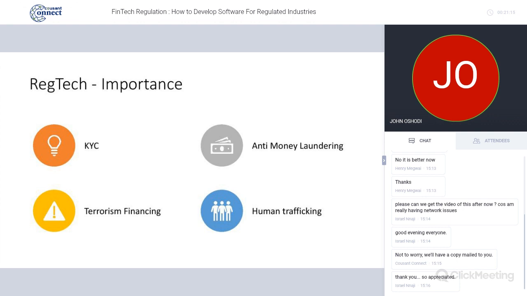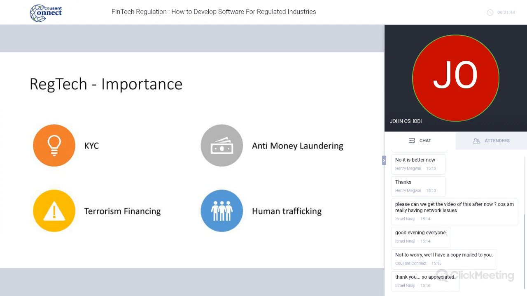Well, in any economy where there's money from crime or there's corruption, you will have things like terrorism happen. And unfortunately, that seems to be happening in the region where I'm from at the moment. So having software that can deal with KYC and anti-money laundering will ultimately help detect terrorism financing.